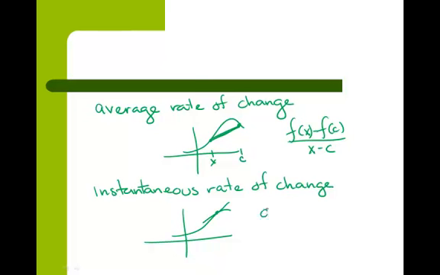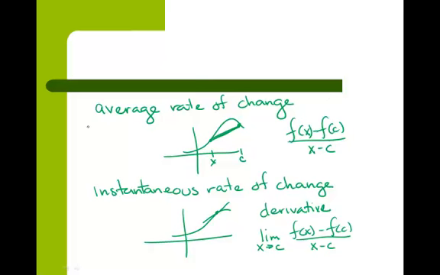It is found by the derivative, which we found in pre-cal to be the limit as x approaches c of f of x minus f of c over x minus c. We will continue with that later.